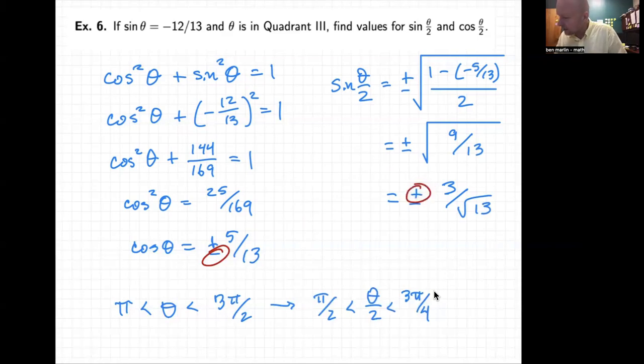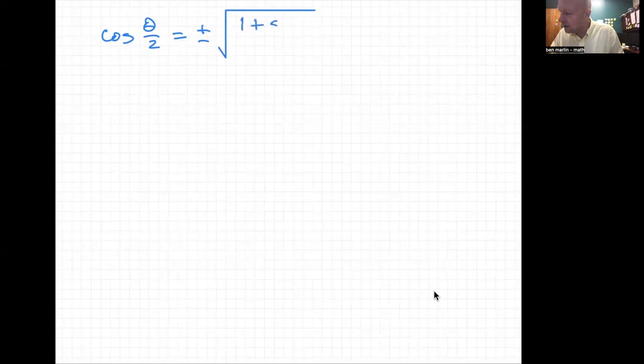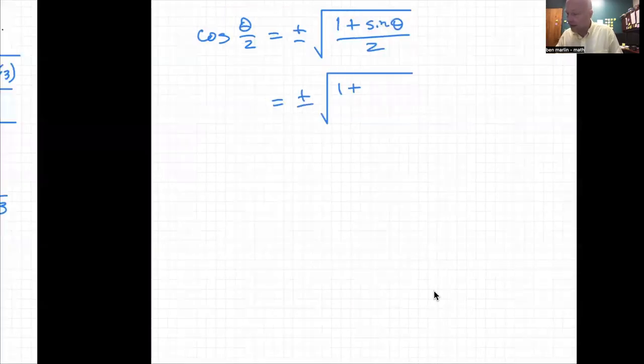Okay. In the second quadrant, sines are positive. Right? Then for the cosine of theta over 2, theta over 2 is plus or minus the square root of 1 plus sine theta over 2. That's plus or minus the square root of 1 plus, I have to look back at it.